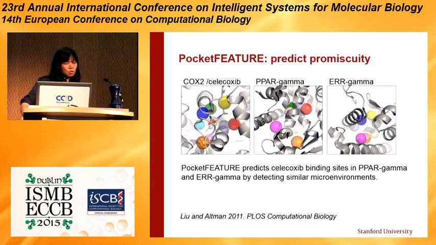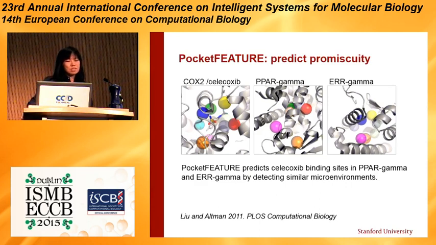So we have built a data set of more than 2,000 binding sites found in a non-redundant set of human proteins. So given the drug binding site, for example, celecoxib in COX-2, we compare the binding site against the 2,000 human proteins.